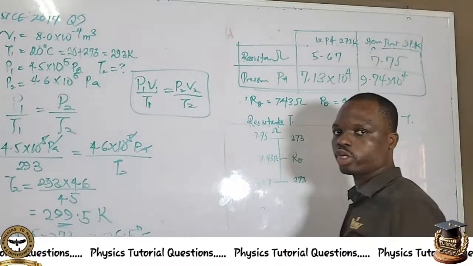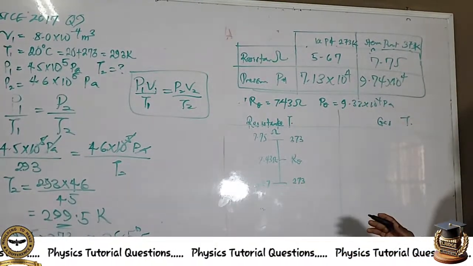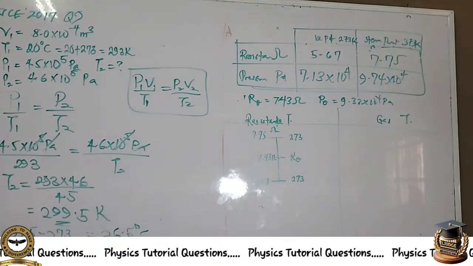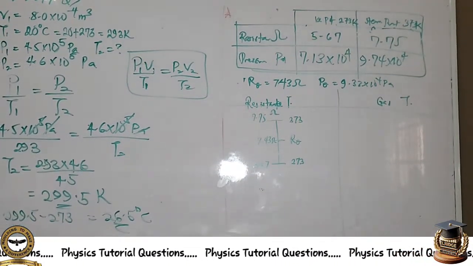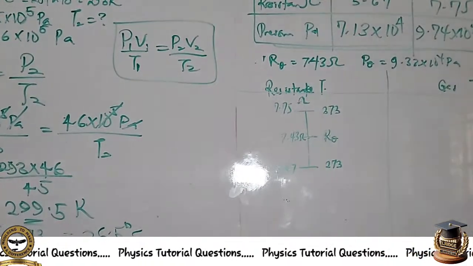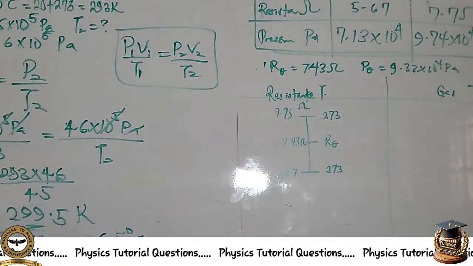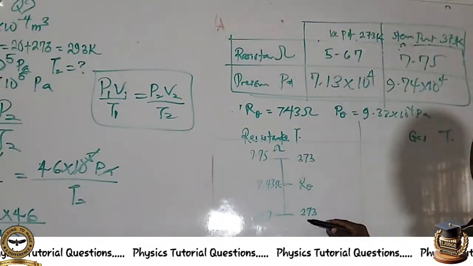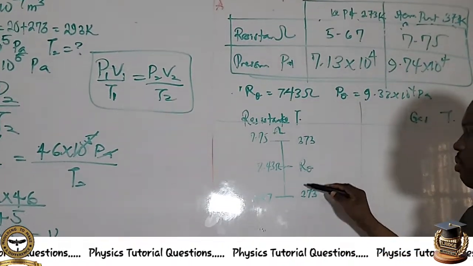For this kind of question, I always tell my students there's a small code we can use: upper minus lower divided by middle minus lower.